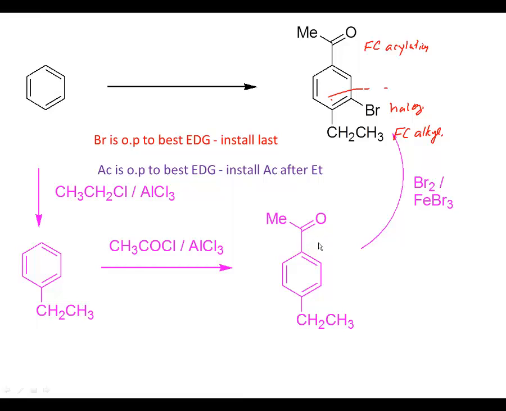This is going to go para. A little bit of it will go ortho, but mostly para. And bromine FeBr3 is going to put bromine here. Remember, ethyl is the boss group. It's electron donating. This one's electron withdrawing. So we're of course going to add ortho-para to that.